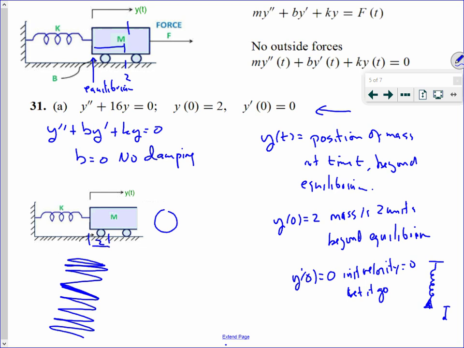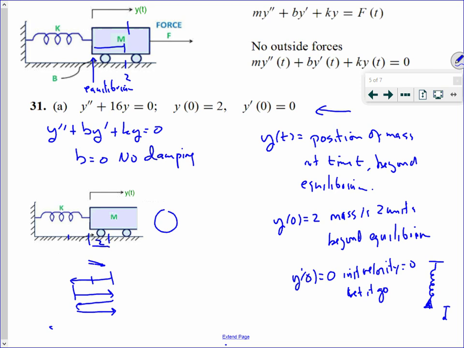But if I pull it out 2 and let it go, I bet it's going to go from 2 this way to 2 this way, and then back and forth like that. That's kind of what they want on these problems, is to look at this and figure out what it's going to do before you solve it.